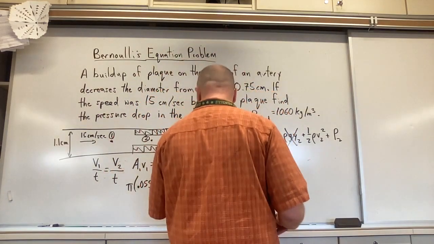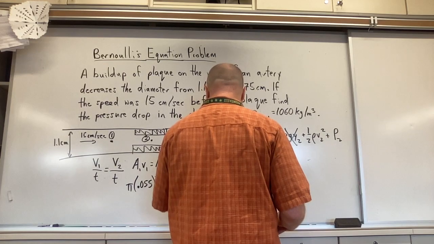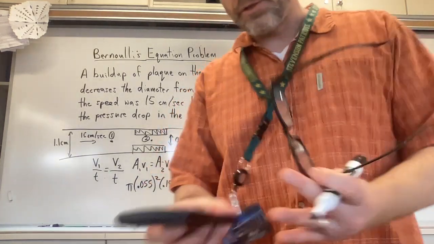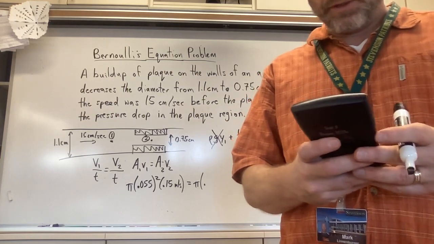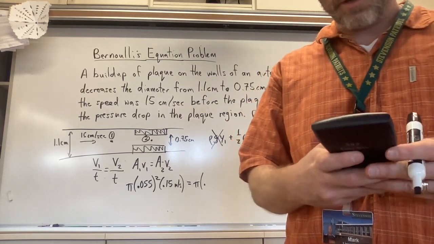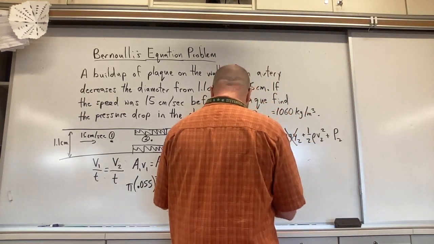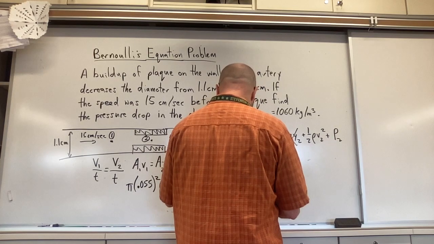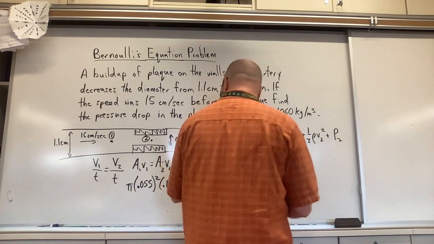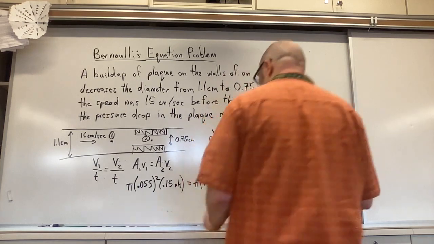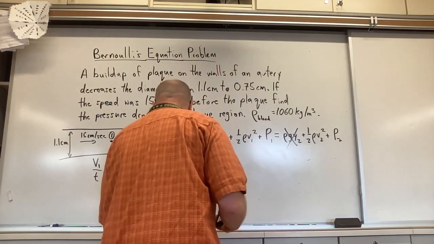Equals pi times, this one I'm going to use my calculator for, 0.75 divided by 100 divided by 2 is going to be 0.00375 squared times v2, and then I can solve for v2.